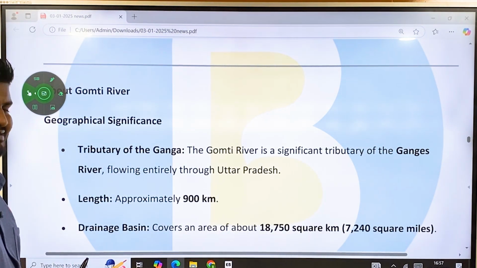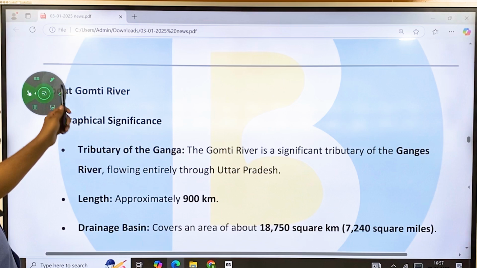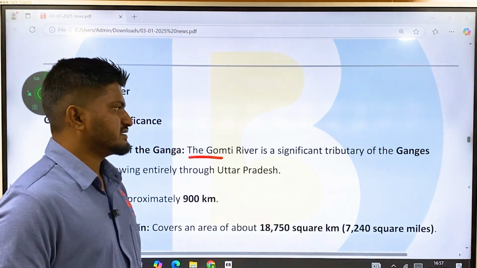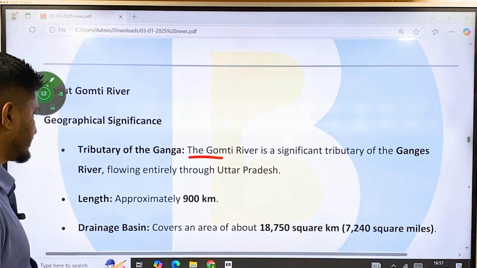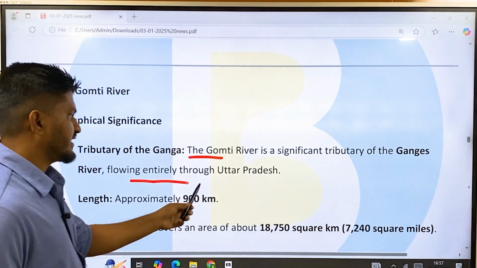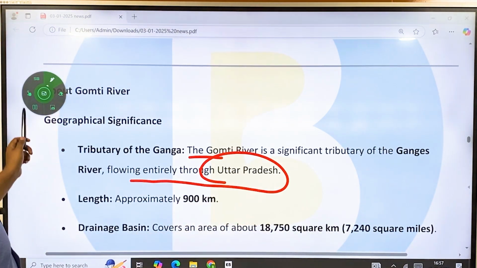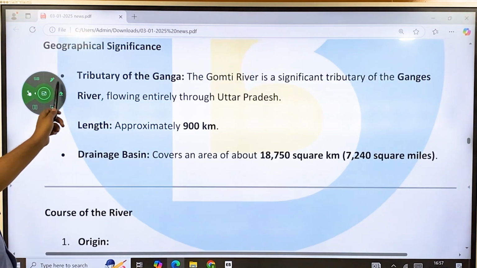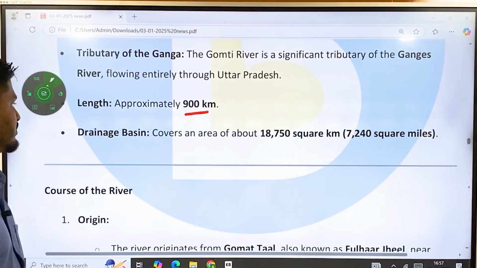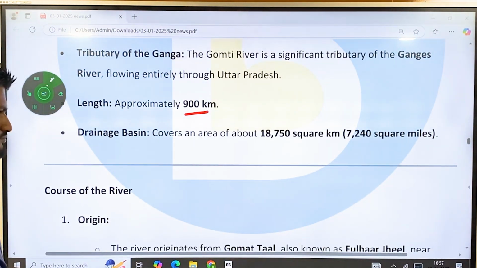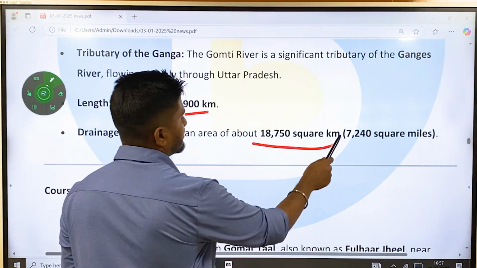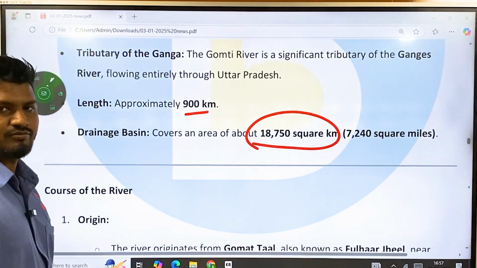The Gomti River is a left bank tributary of the Ganga. It is a significant tributary of the Ganges River, flowing entirely through Uttar Pradesh. It has a length of approximately 900 kilometers, very long, and the drainage basin covers an area of about 18,750 square kilometers.